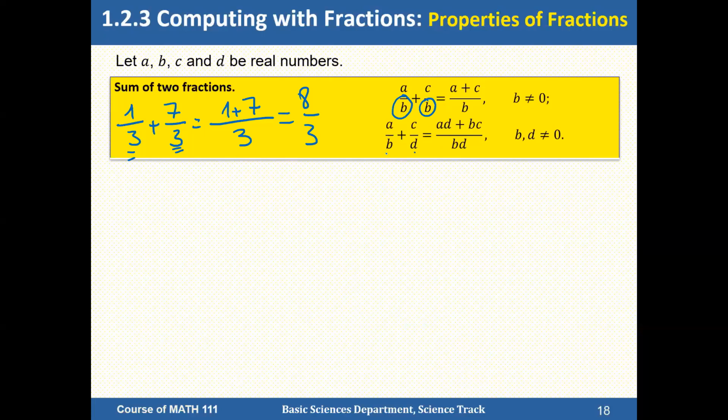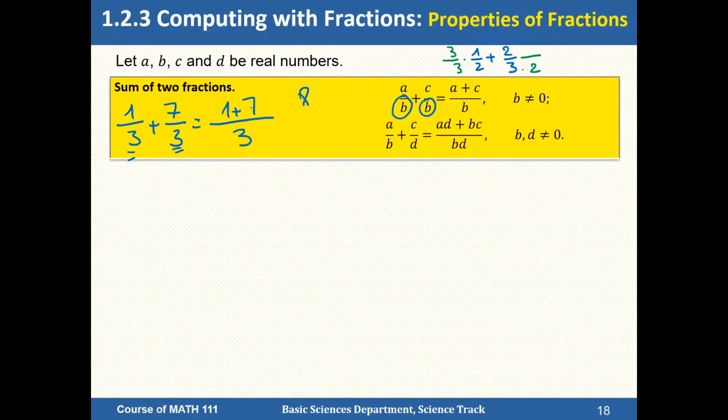The question: if the denominators B and D are different, what do we do? We have no choice but to unify the denominators. Reduce to the same denominator. So if I have one half plus 2 over 3, the denominators are different. We must unify the denominators. How? We multiply this denominator by 3 and this denominator by 2. But to keep the same value of the quotient, if we multiply the denominator by 3, we must multiply the numerator by 3.